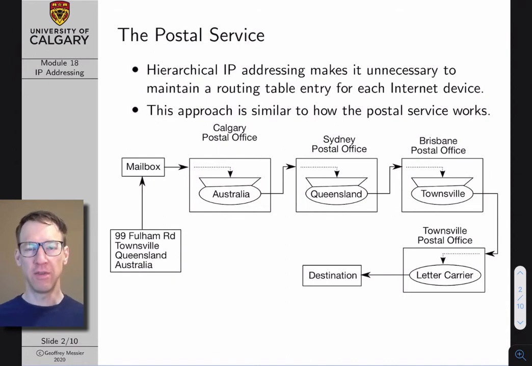However, there's a lot of unanswered questions. First, as we highlighted at the end of the last module, is it necessary for every router to have an entry for every single possible destination on the internet in order to be ready for any possible packet? And the answer is no.